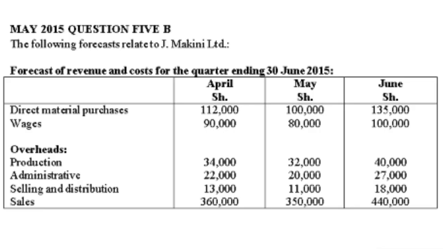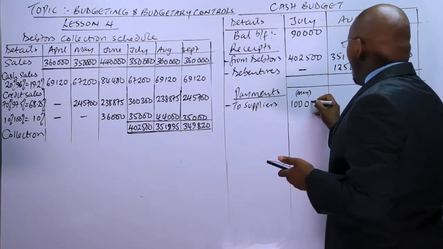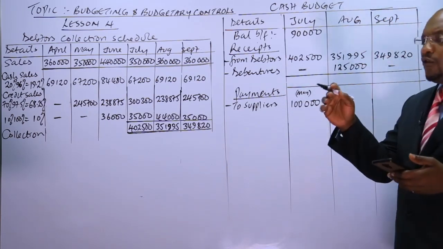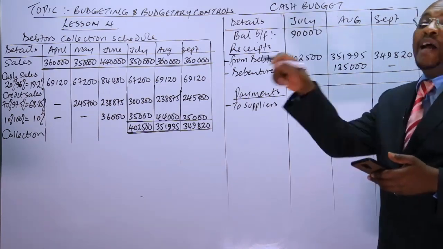If you look at May, the purchases of the month of May, we have been given direct materials. We are given 100,000. That is to be paid here. Why? We have been told 2 months. We pay them 2 months after. So instead of paying in May, we don't pay in May, we don't pay in June, we pay in July.